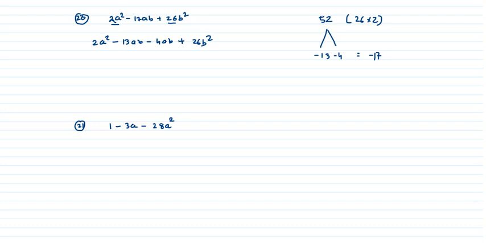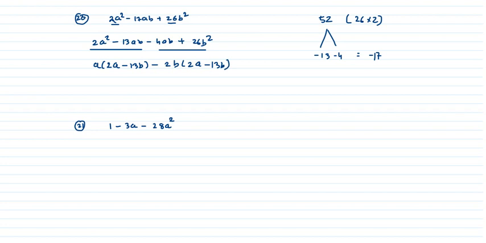Now the same method, there is nothing new, we did it already. From here you can take out only a, you are left with 2a minus 13b. From here you can take out 4b. See, 4 into 26, 2b, you are left with 2a minus 13b.